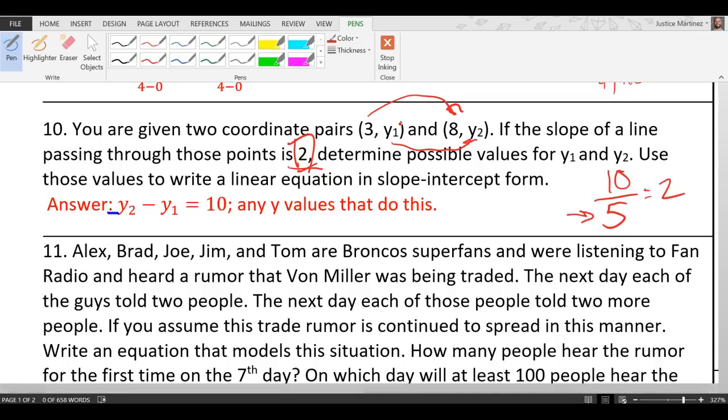Personally, because I like being lazy, I would say 0 and 10. That's the easiest one. Now, I cannot say 10 and 0, because that would give me a slope of negative 2. So it would need to grow. Since 3 to 8 is growing, this would also similarly need to grow.